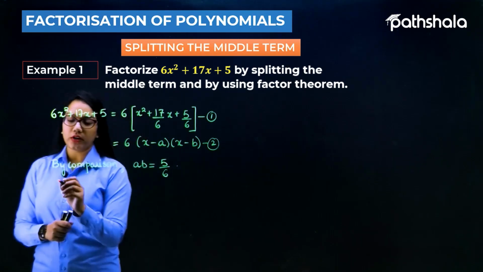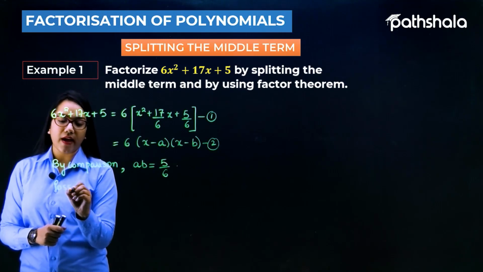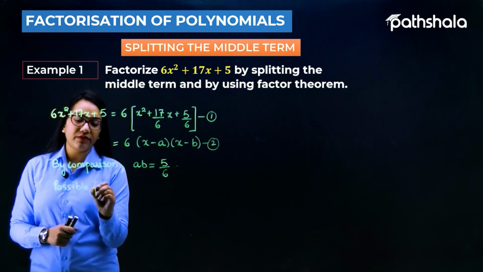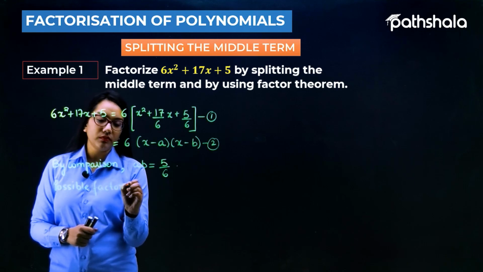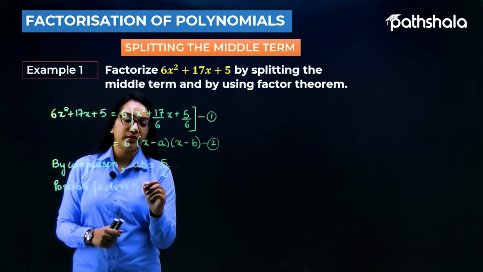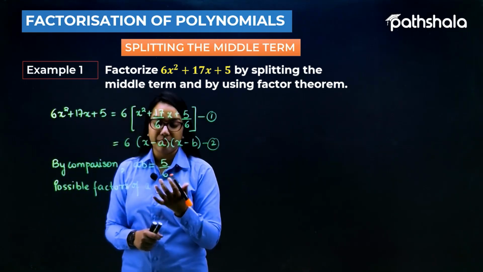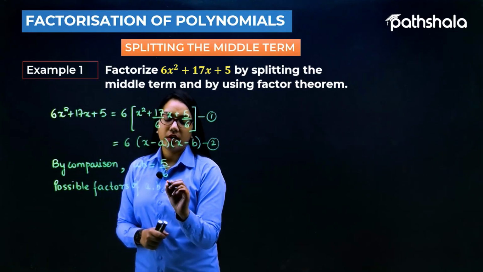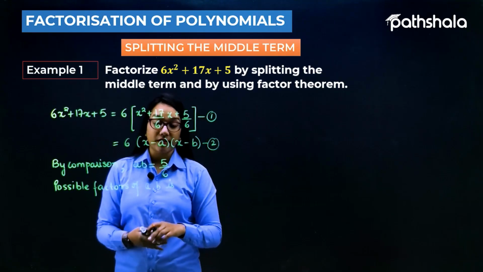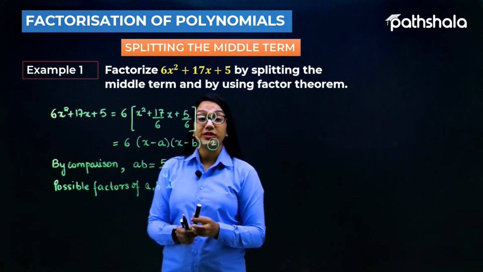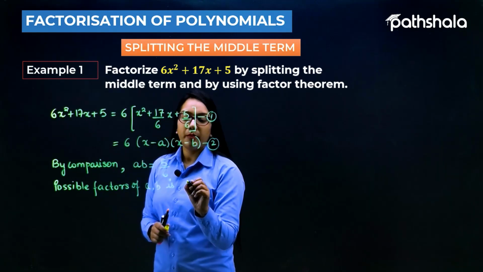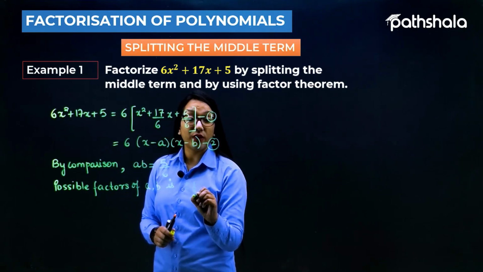So let us suppose we are talking about the possible factors of a and b. So we can write the possible factors are nothing but plus minus 1 by 2 can be a factor.